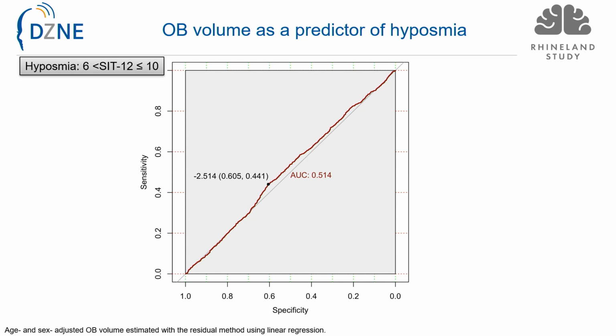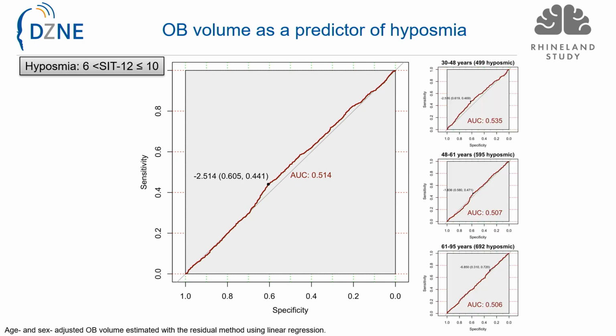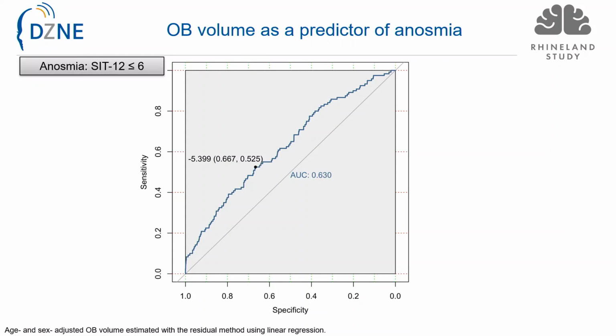And also, because we are a general population, we want to stratify the participants into 3 age groups with equal numbers of participants. And we found that in all 3 groups, the olfactory bulb volume performs similarly, with areas under the curve of 0.5 to 0.54. So how about anosmia? Anosmia means the loss of odor identification.